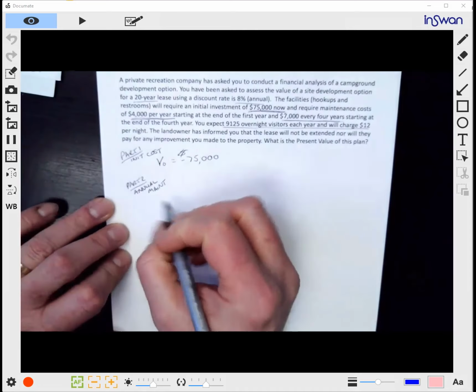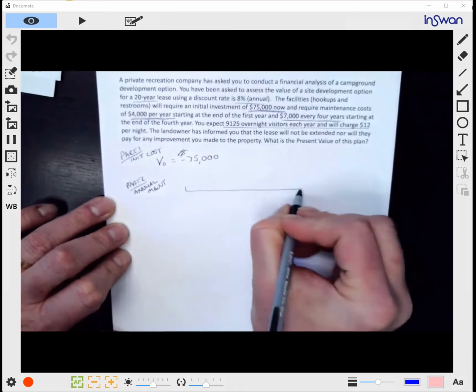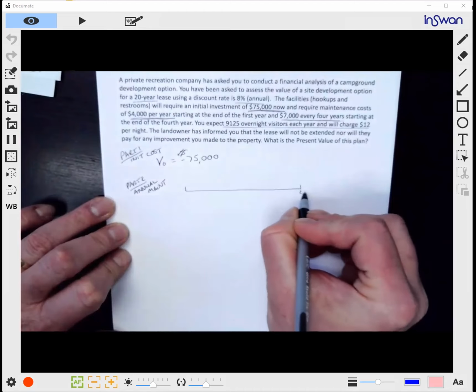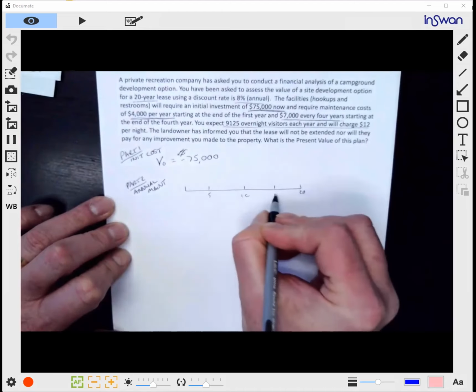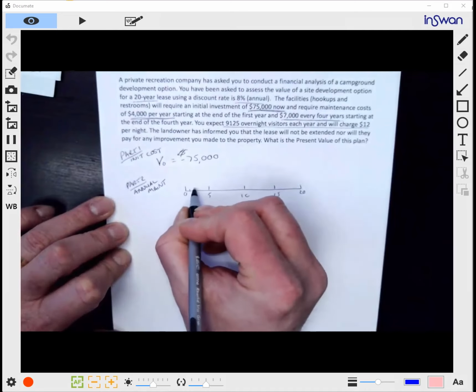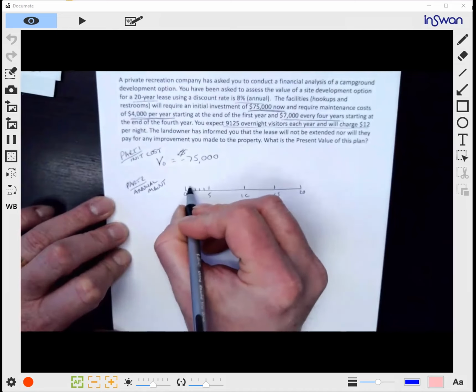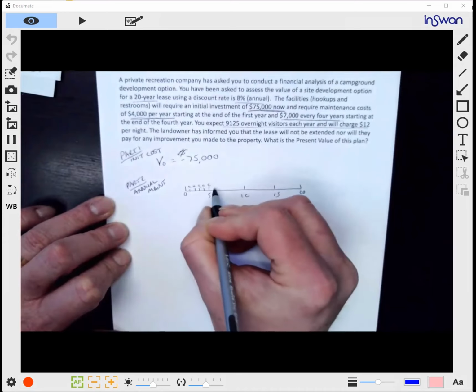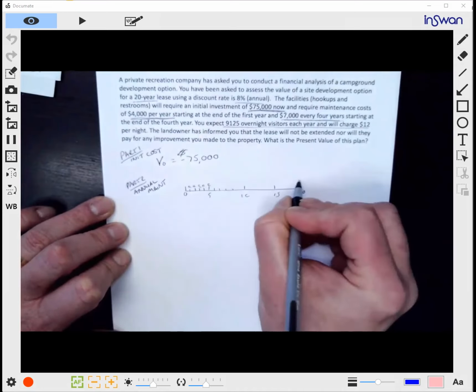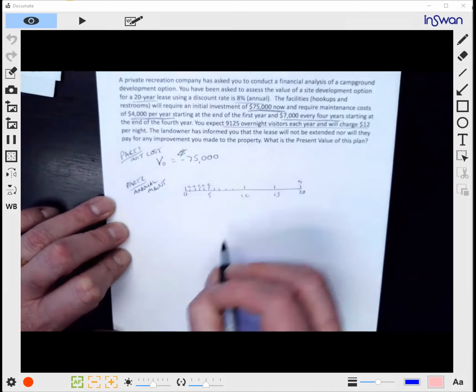Okay, and so with this one, we know that for 20 years, so 5, 10, 15, and I don't need to do all these, but we're going to have this annual payment going all the way out to 20.